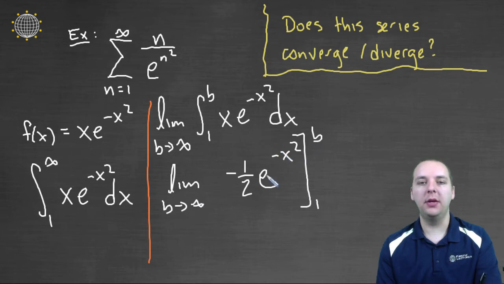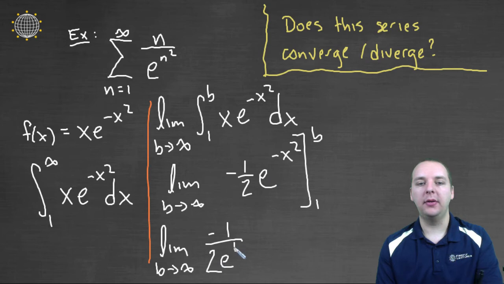We'll plug in a b and we'll plug in a 1, and subtract. So we have the limit as b goes to infinity. If you plug in b, you get negative 1 over 2 e to the b squared. All I did was put the negative exponent back in the denominator. Minus a negative makes a plus, and then you get 1 over 2e.